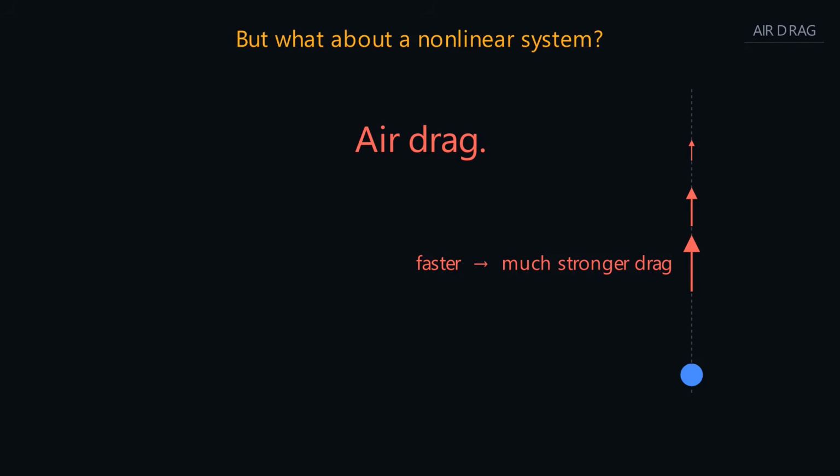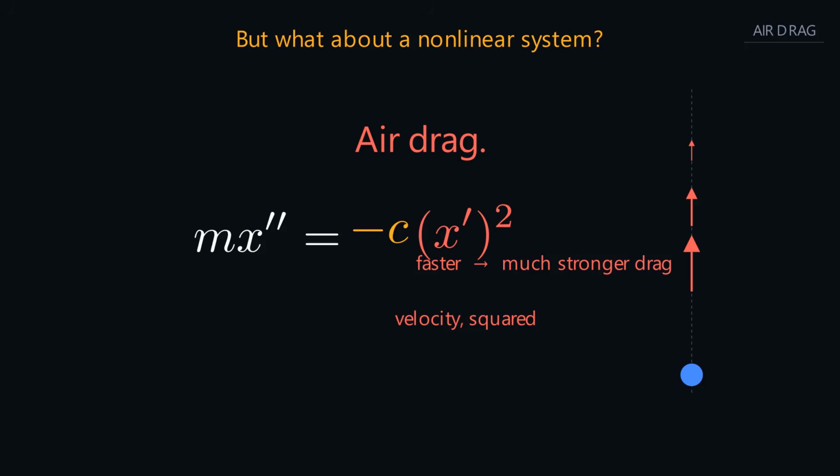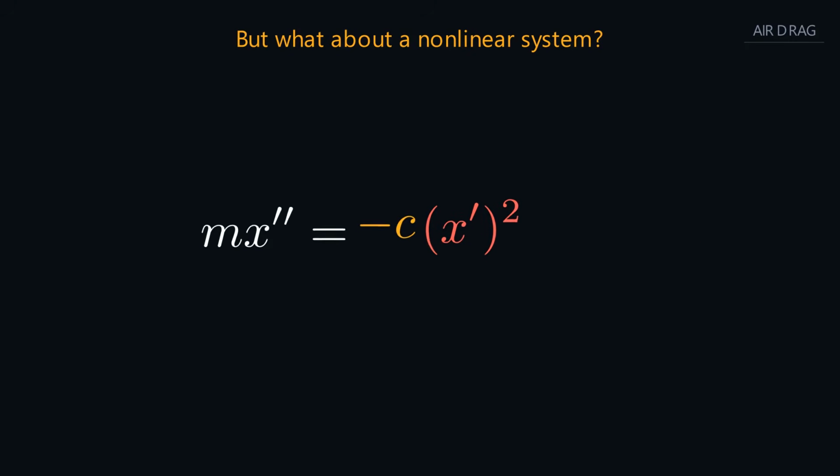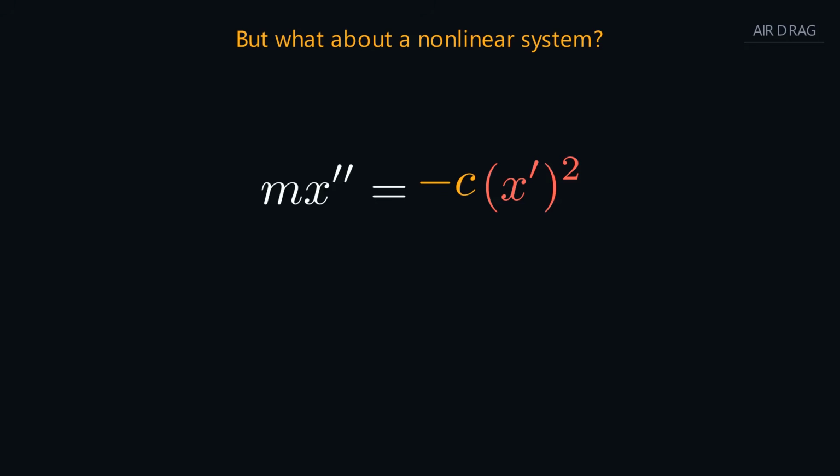If we were to look at this in an equation, it would be mass times acceleration, m x double prime, would equal negative c, a negative constant pushing it in the opposite direction of which it's falling, times the velocity, so the derivative x prime, squared.